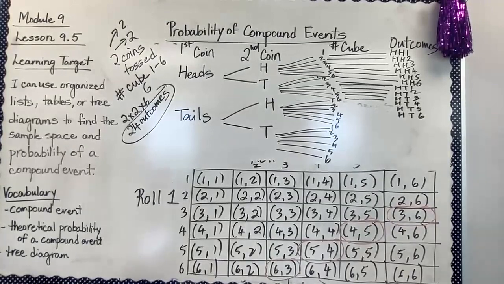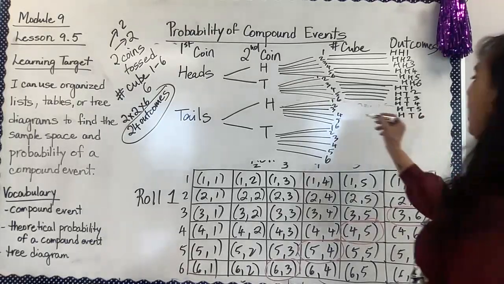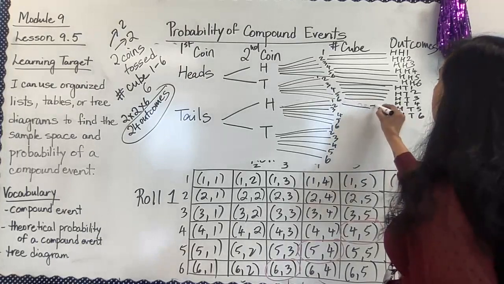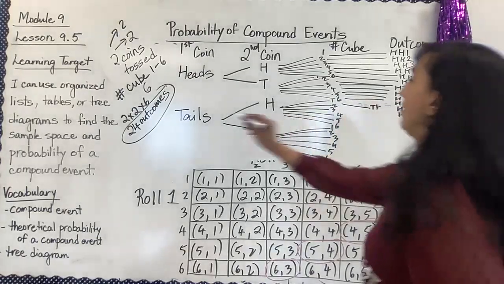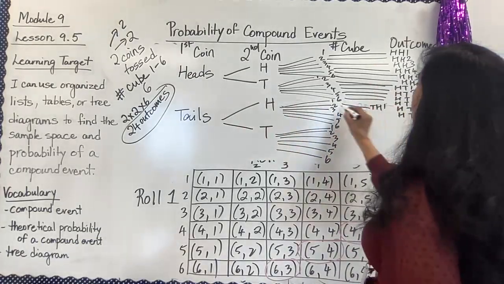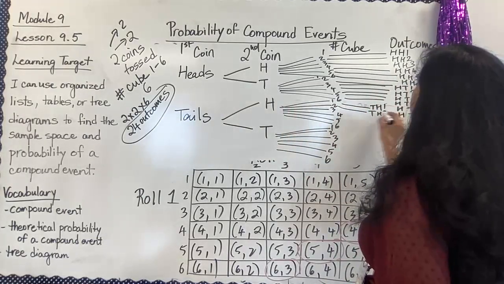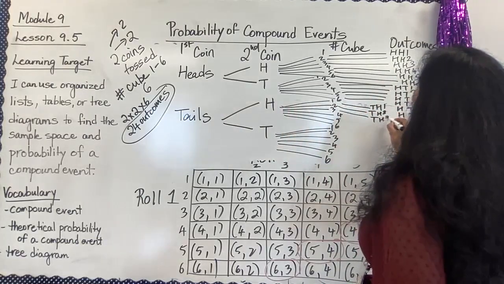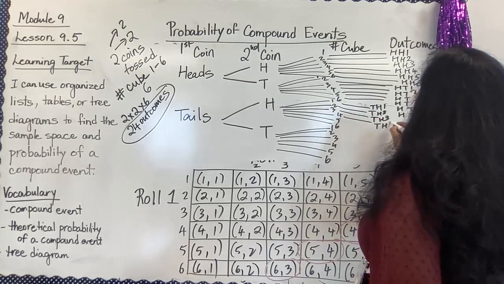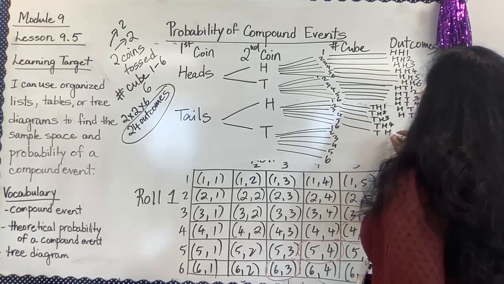I'm going to write it out again, and then we're going to talk about which outcomes are favorable and which are not favorable. So again over here I have my tails. Now we have tails, heads 1, tails, heads 2, tails, heads 3, tails, heads 4, tails, heads 5, and tails, heads 6.